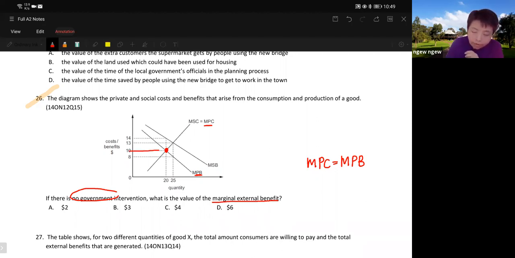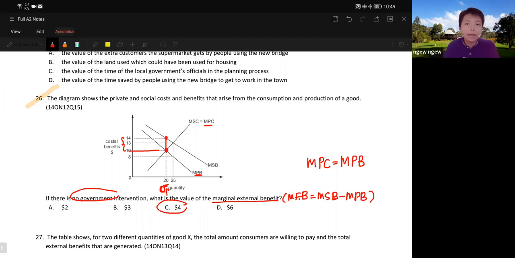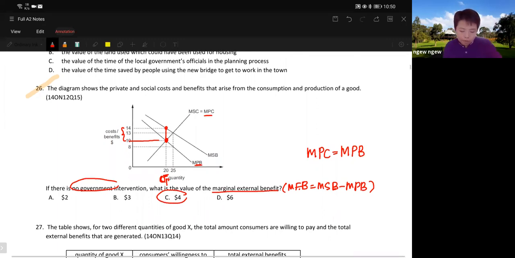But if you want to find out the marginal external benefit, MEB equals MSB minus MPB. So you just compare at this level, at Q of the private sector, this is your MPB, and when it touches your MSB, this is your MSB. So what's the difference? The difference between MPB and MSB is $4. So that is your external benefit.